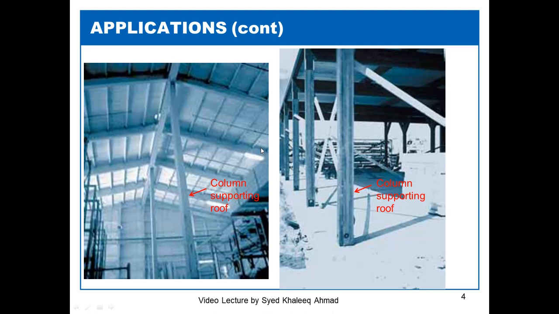In this building again, here in an industrial building, this frame, or you can say the roof, is supported by this column. Similarly here, this is a column. All these are columns. So these columns are supporting the load which is coming from the roof to the beams.